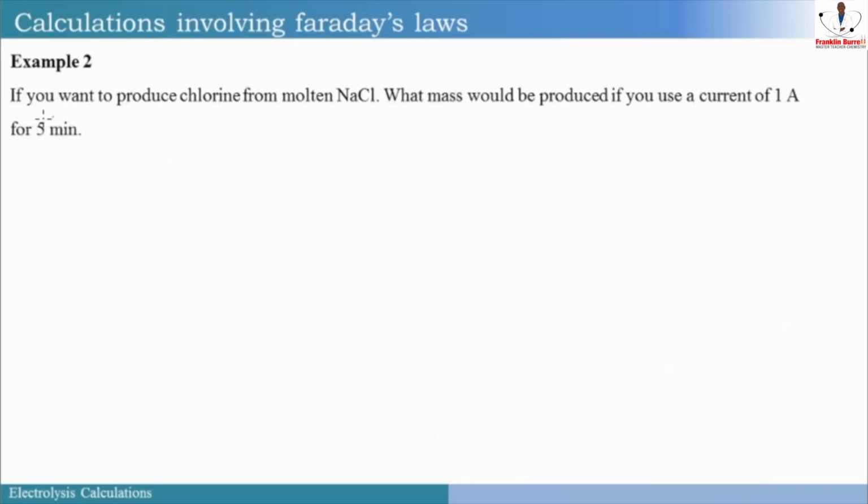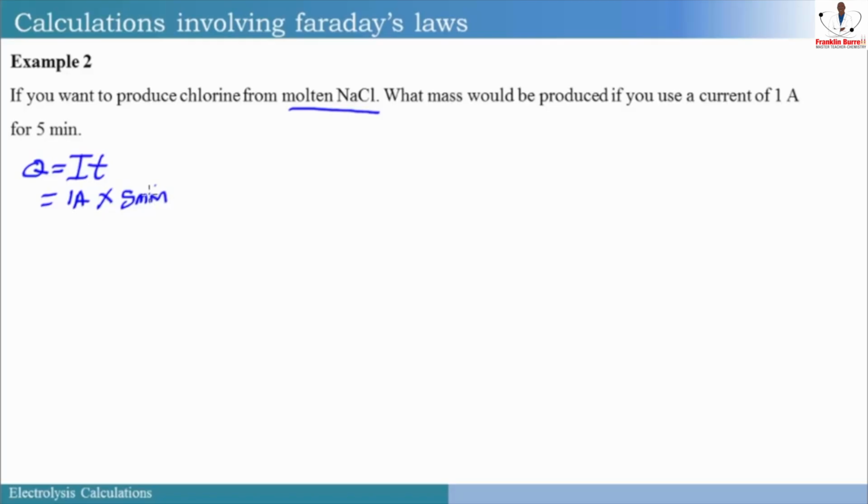Now in this example, it is asking that if you want to produce chlorine from molten sodium chloride, what mass would be produced if you use a current of 1 ampere for 5 minutes? So this one, again, we must first work out our quantity. So Q equals IT. And our current is 1 ampere, and we are running it for 5 minutes.